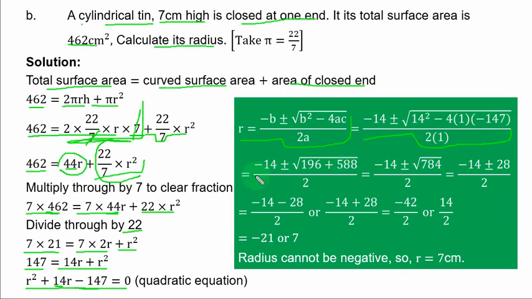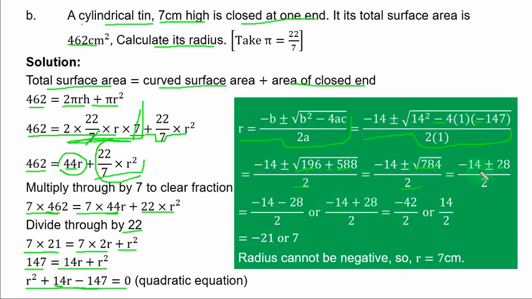So you insert all the values into the formula. When you simplify, you have minus 14 plus or minus square root of 14 squared is 196. Minus times minus is plus, and you have 4 times 147, that is 588, over 2 times 1, which is 2. If you add under the square root, you have 784 over 2. You have minus 14 plus or minus square root of 784, which is 28, over 2.